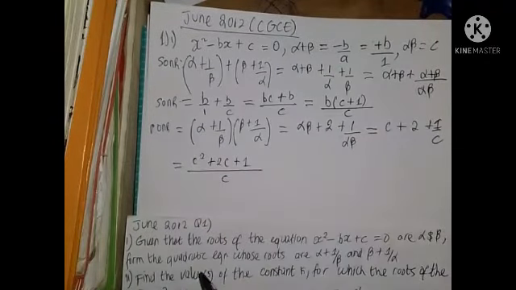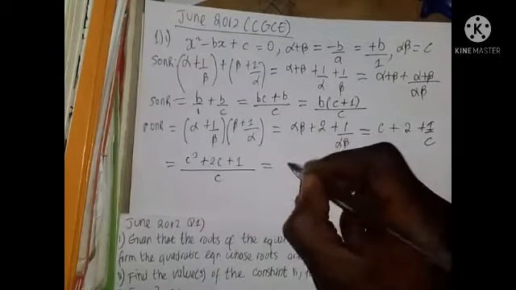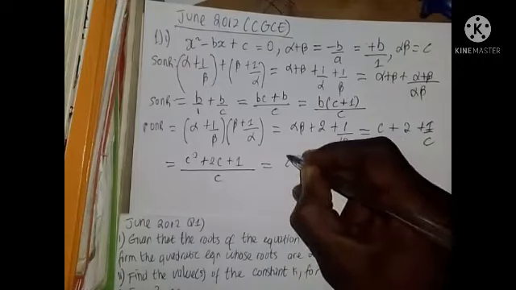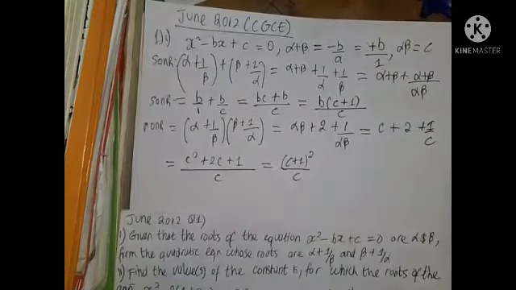And this is exactly c plus 1 all squared. So it's going to be equal to c plus 1 all squared divided by c. This is our sum of new roots. This is our product of new roots.